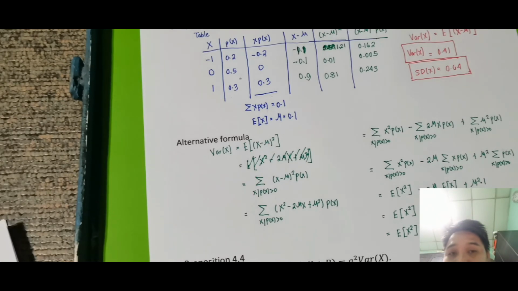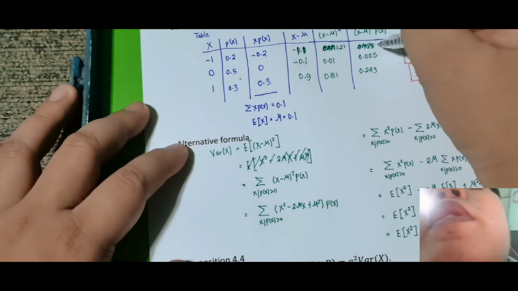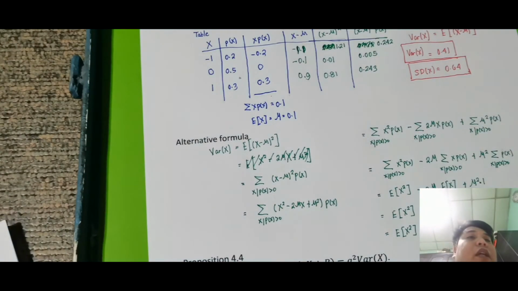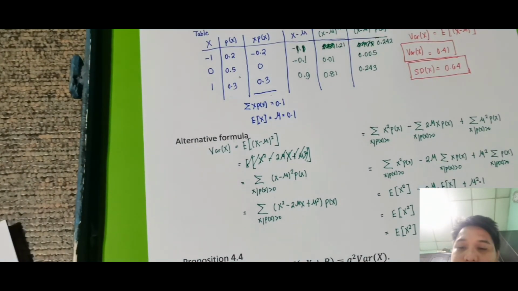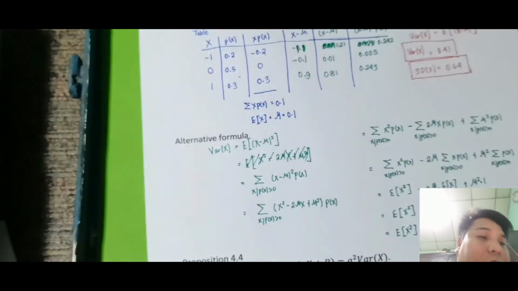That is 0.242. So, check natin dito. Baka mali talaga yung variance natin. No? So, this is 0.242 plus 0.005 plus 0.243. Okay, so that is 0.49. So, yun nga, 0.49.